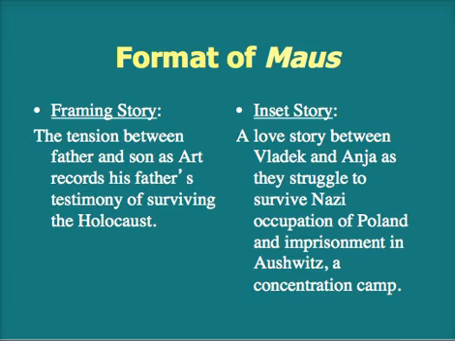So we get a layered narrative, the past and the present, and how those two moments in time are very interrelated. So we have a framing story and an inset story. Those are just two helpful terms that can help you see the connection between Vladek's past and his present relationships that are dysfunctional, to say the least.